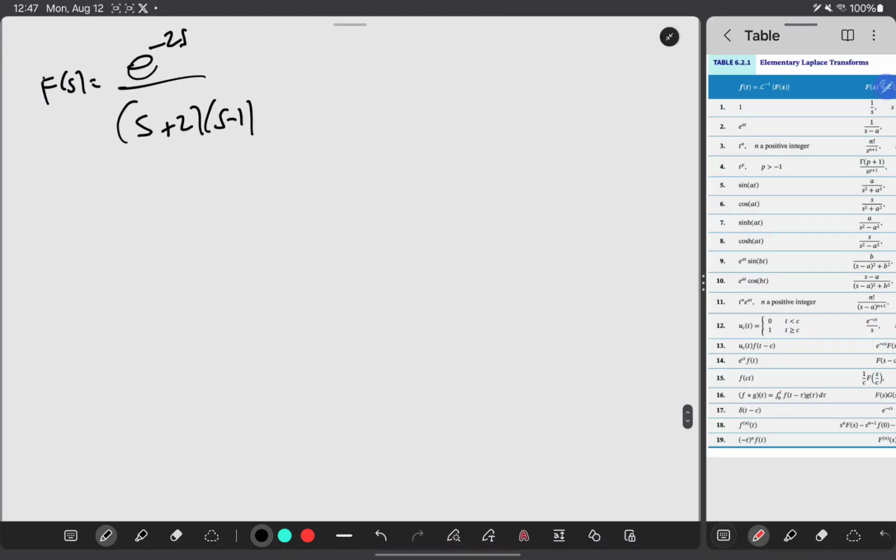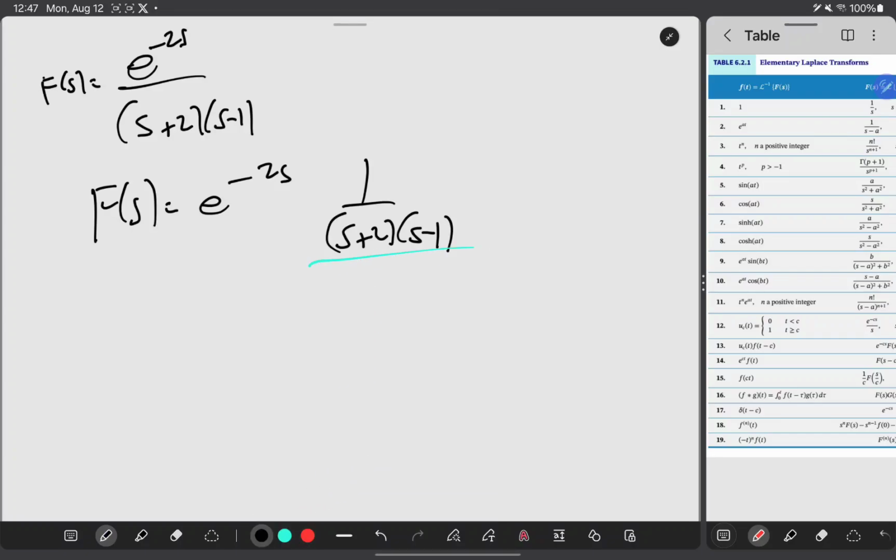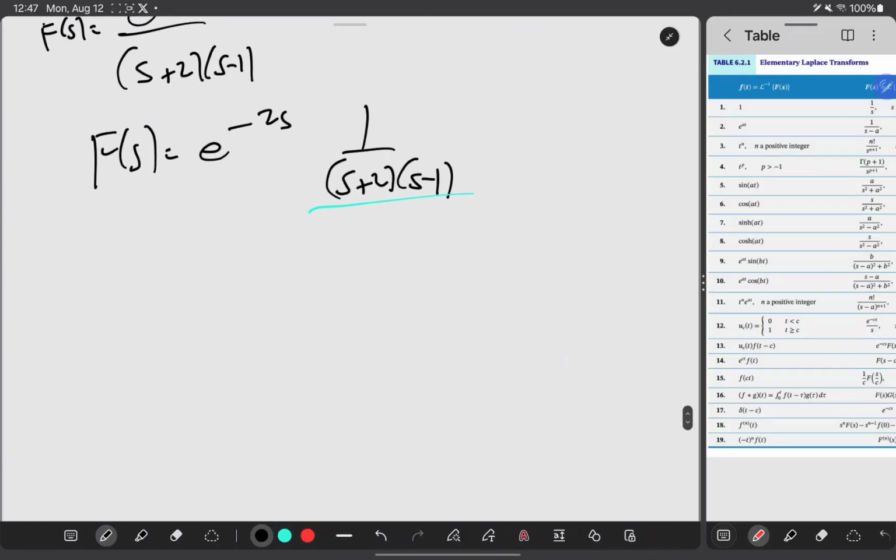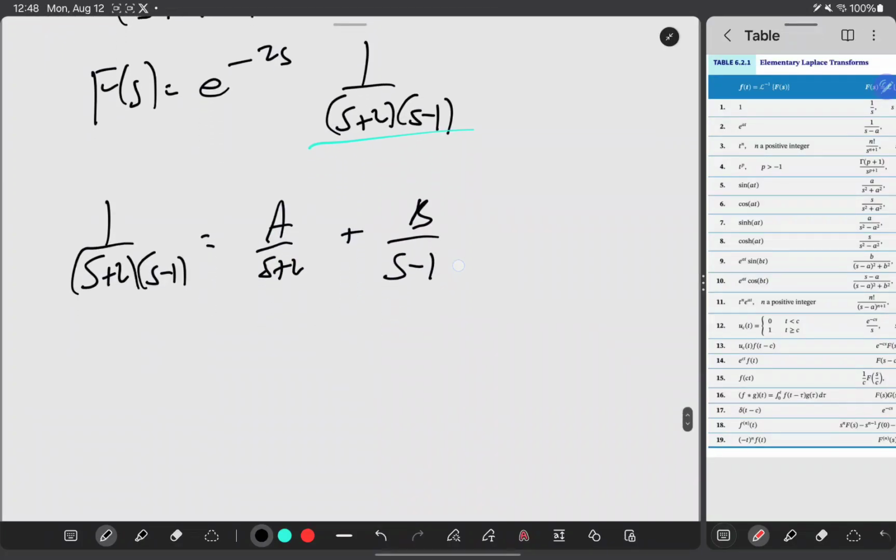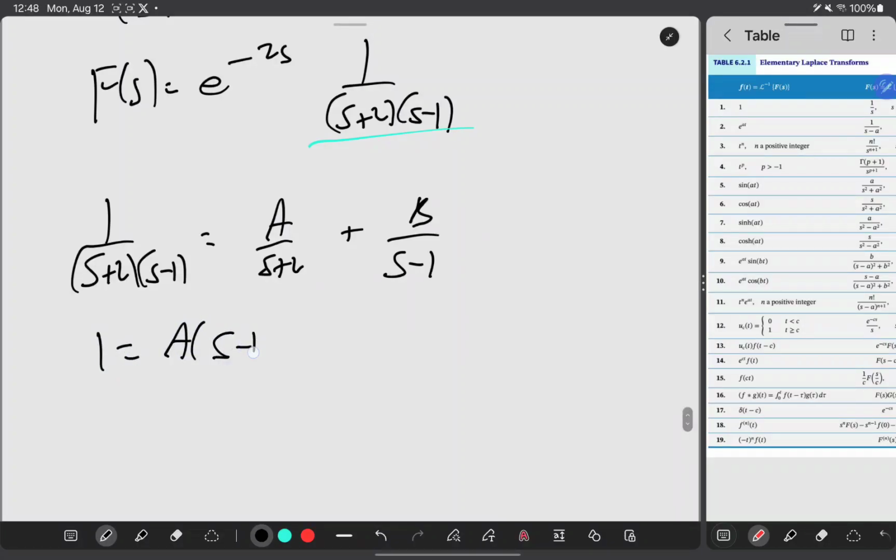Now I'm going to pull out that e to the minus 2s. I'm just going to focus on this part right here. So let's simplify that using partial fractions. A over s plus 2 plus b over s minus 1. 1 is equal to a times s minus 1 plus b times s plus 2.